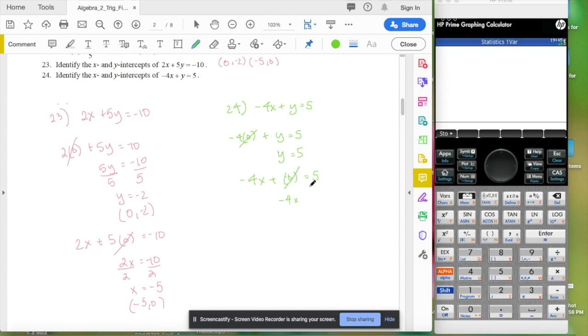That cancels out, so I have 4x equals 5. Divide both sides by 4. My x is going to be 5/4. So my two intercepts are going to be 5/4, 0 for x and 0, 5 for y.